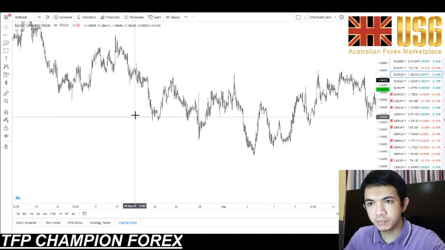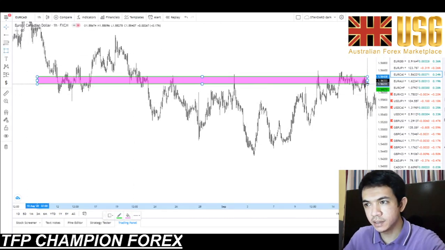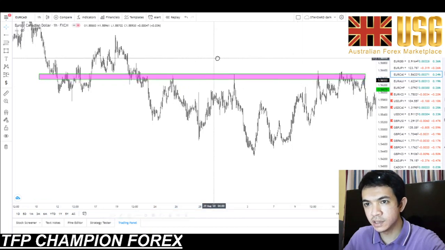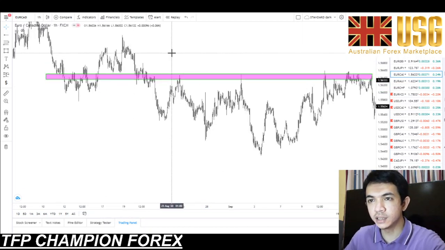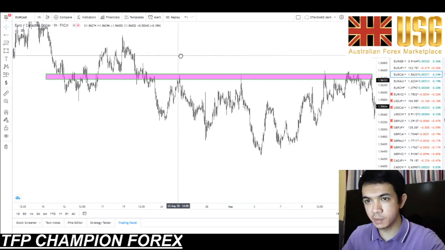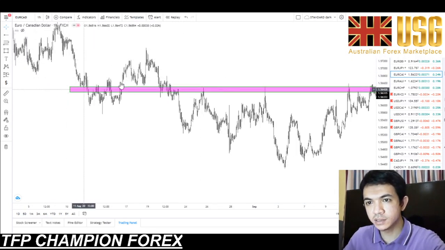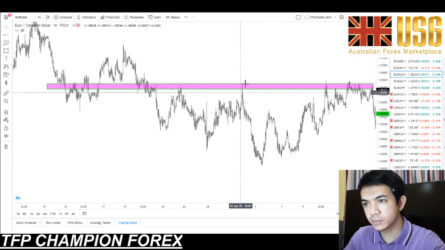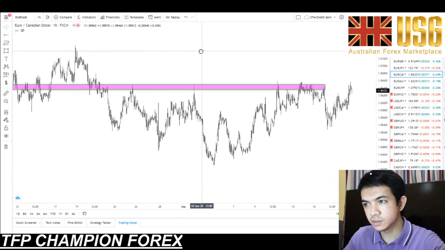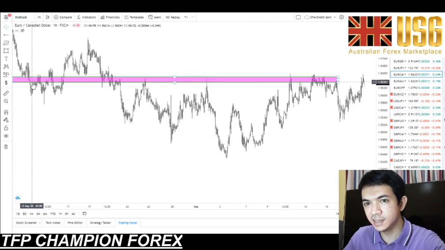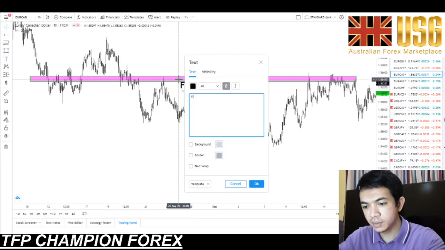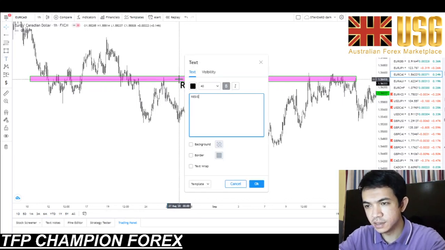So I can set this as my key resistance level or zone. Why? Because this was once a support, got broken, becomes new resistance, and every time the market reacted at the zone, the price drops. So we know that is a key resistance level, and we can mark this as a key resistance.